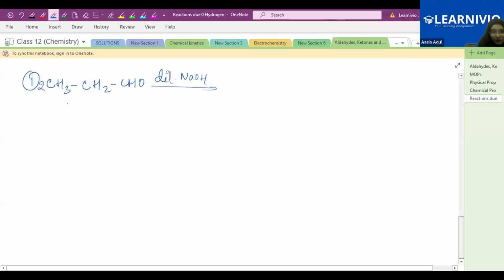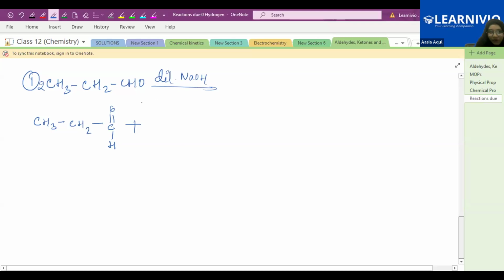You will write 1 mole like this, CH3, CH2, and you will write CO and 1 hydrogen. This is the first mole. This is an example of self condensation, not the cross condensation, because you are just taking two same molecules and condensing them.